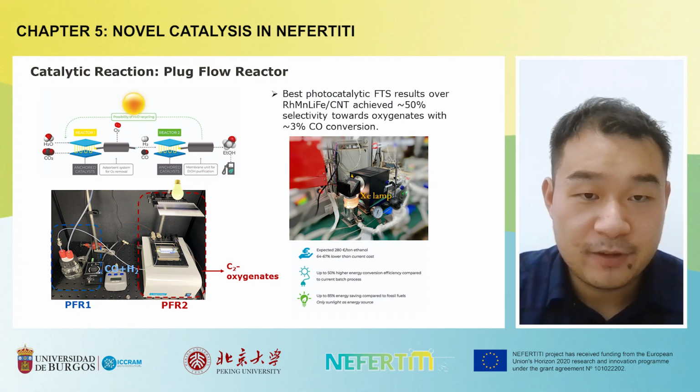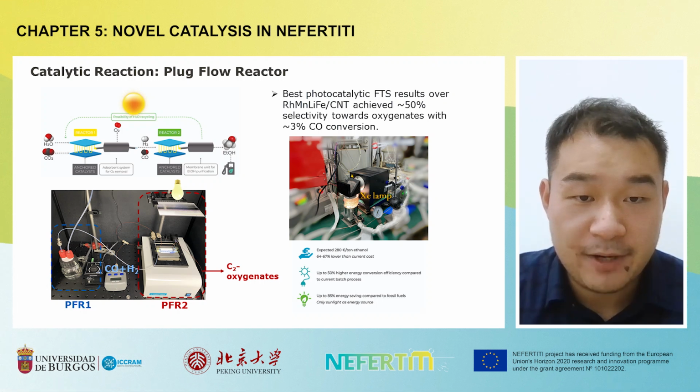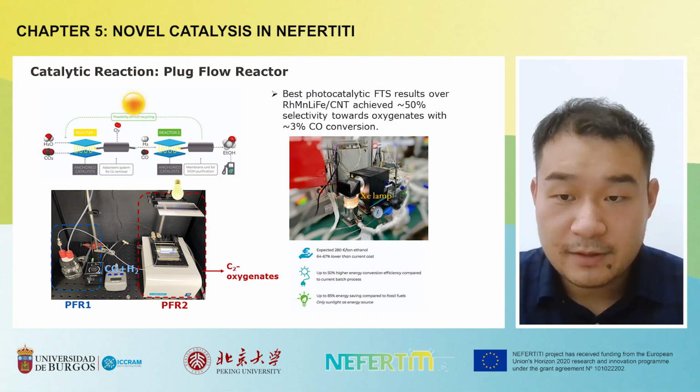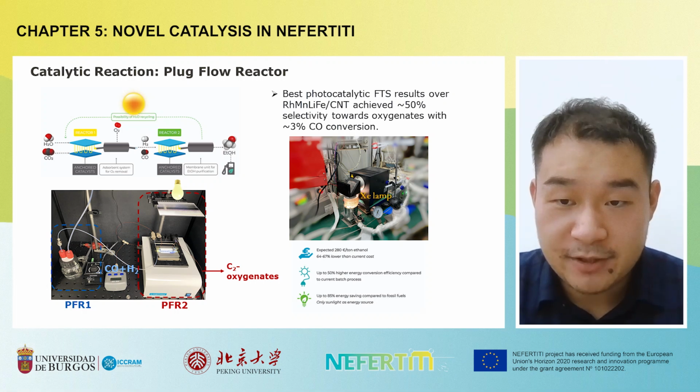We remove the oxygen through a membrane, and then the syngas is passed into the second plug flow reactor, which utilizes xenon lights as the simulated light source to convert it into C2 oxygenates that include ethanol.